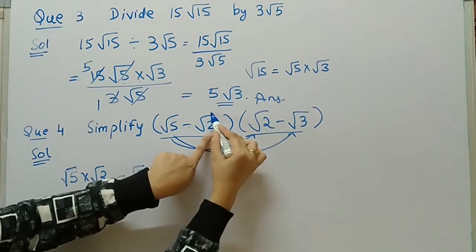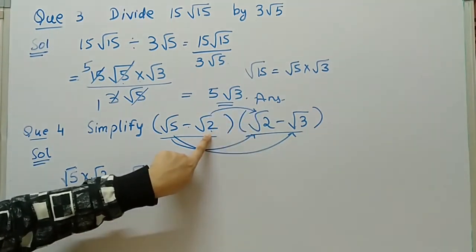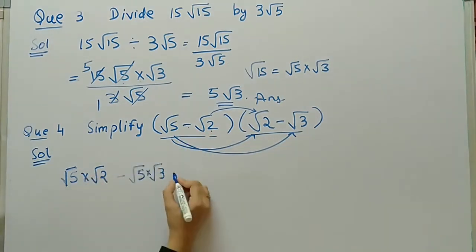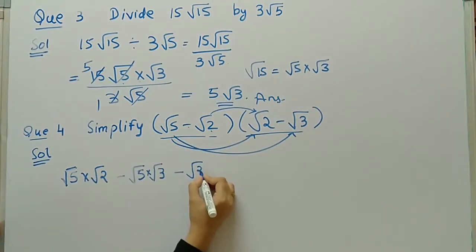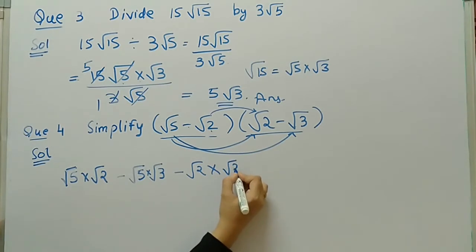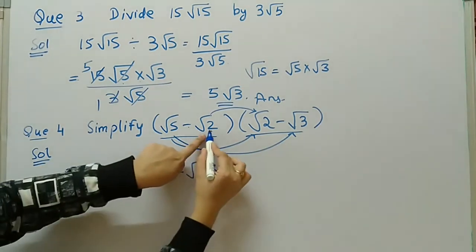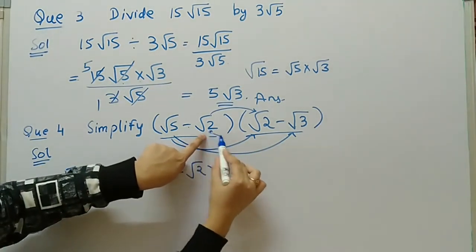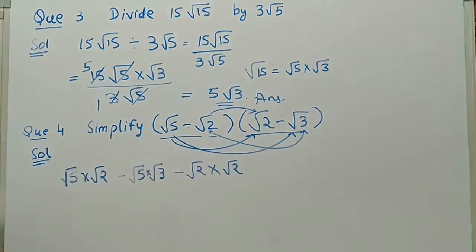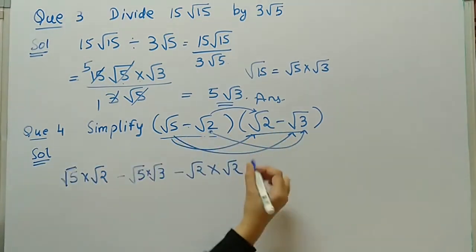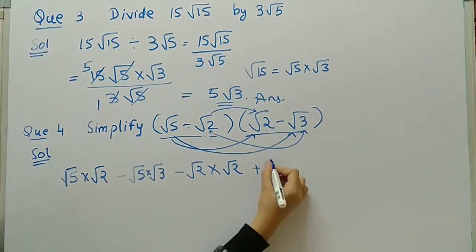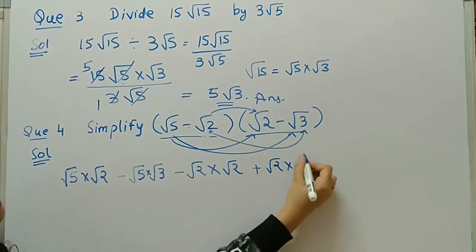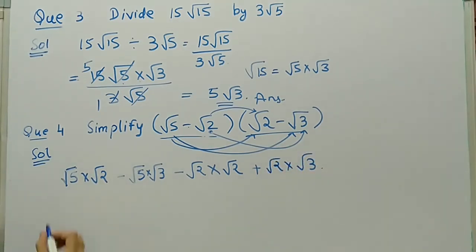Now we will multiply minus root 2. So firstly we will multiply minus root 2 with root 2. So we will get minus root 2 multiplied by root 2. Now we will multiply minus root 2 with minus root 3. So minus minus will become plus root 2 multiplied by root 3.